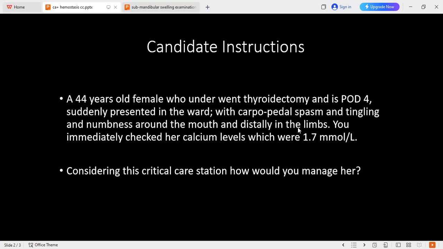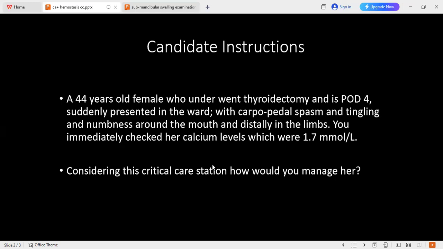There is tetany, as you could see. Which muscles are affected? It could be affection of the laryngeal muscle, and the diaphragmatic muscle. Laryngospasm can cause upper airway obstruction. That's why you're worried about it.